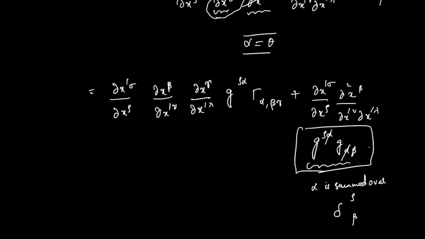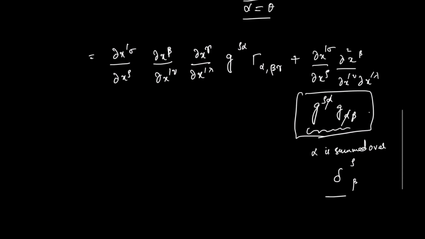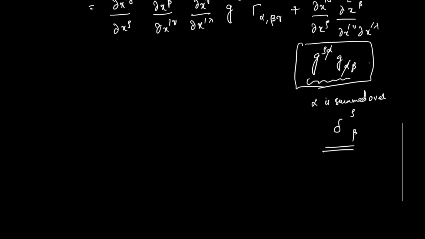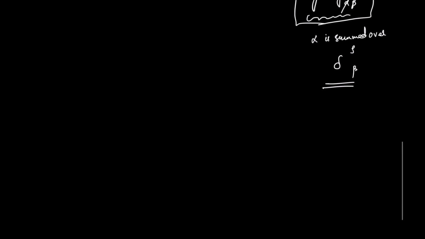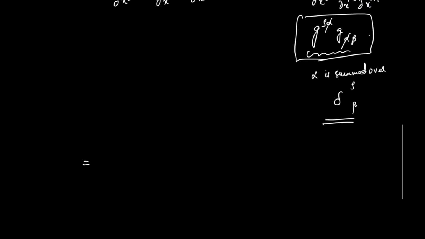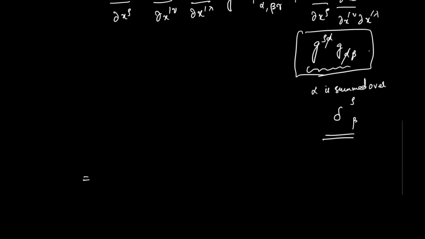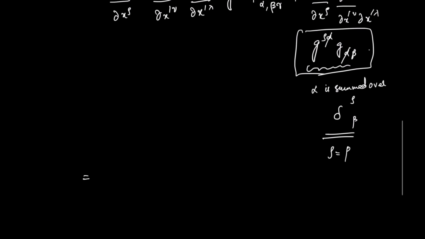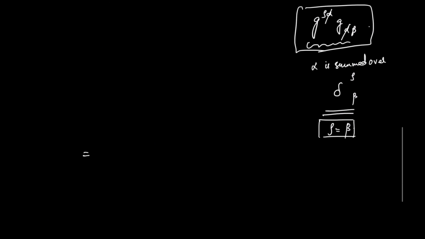Contravariant metric tensor is the inverse of covariant metric tensor. So if you multiply both, you have to get unity, and unity in tensors is Kronecker tensor. Therefore I can write, and here Kronecker tensor, this term will survive only if rho equal to beta. So I have to substitute rho equal to beta also.